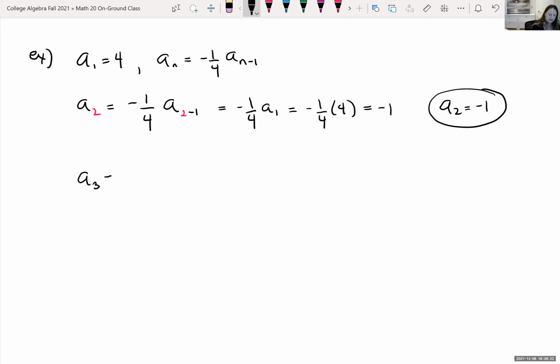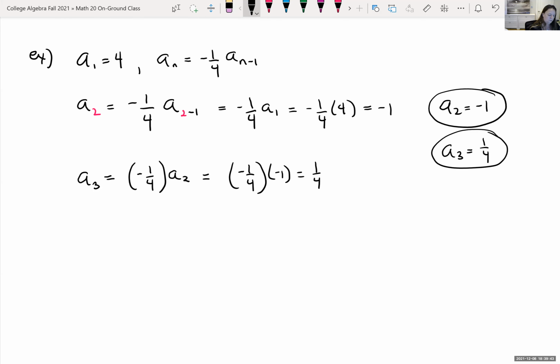For a sub 3, we're going to have negative 1/4 times a sub 3 minus 1, which is a sub 2. So we're going to have negative 1/4 times negative 1, which is 1/4. The fourth term is negative 1/4 times the third term.